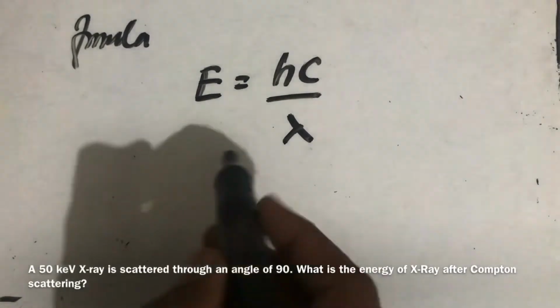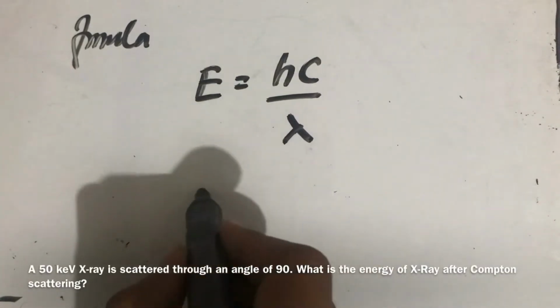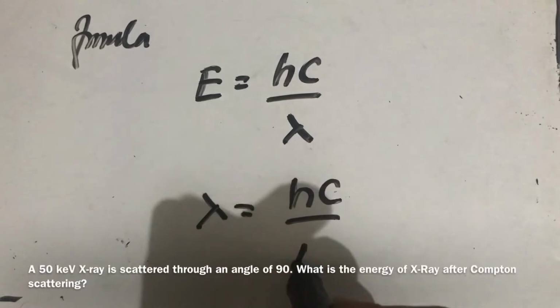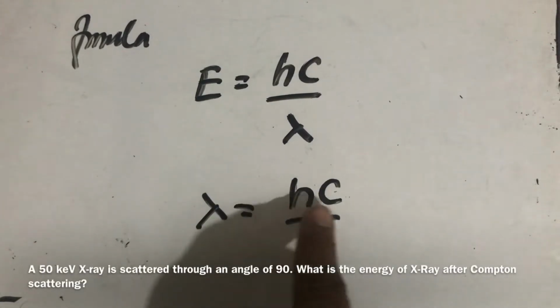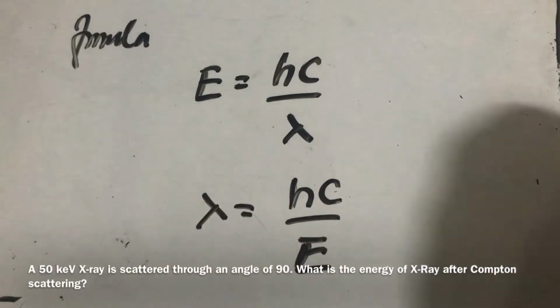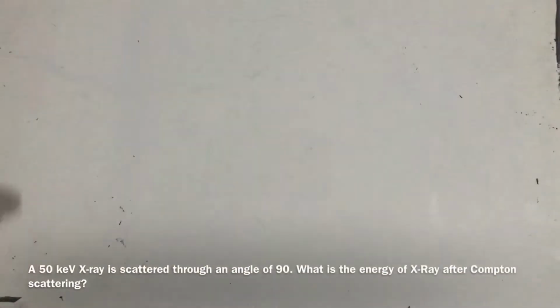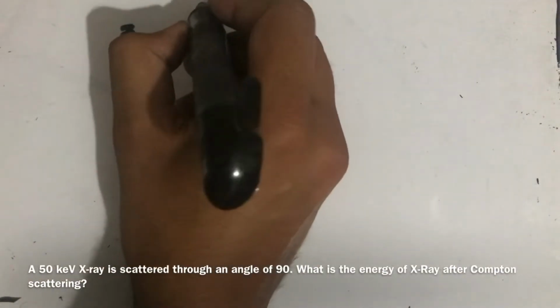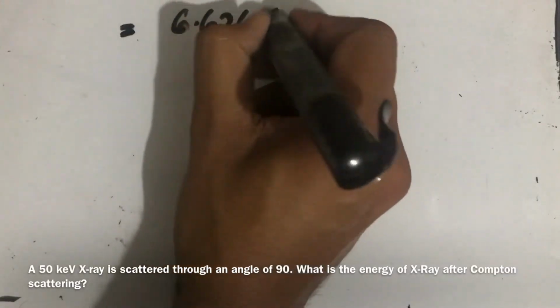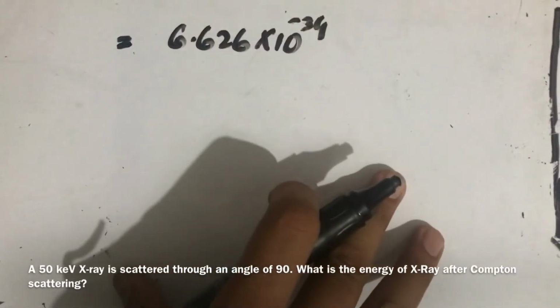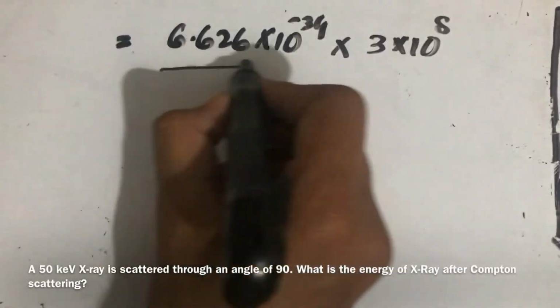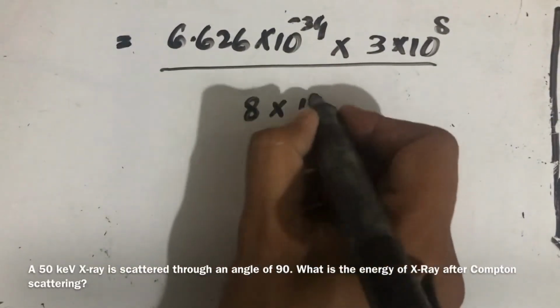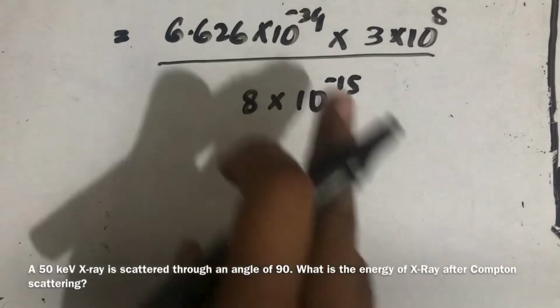Now just interchange the value of E and lambda, so we get lambda equal to hc divided by E. Putting the values, h is 6.626 × 10^-34, multiplied with c, 3 × 10^8 meter per second, divided by E, which is 8 × 10^-15 joule.